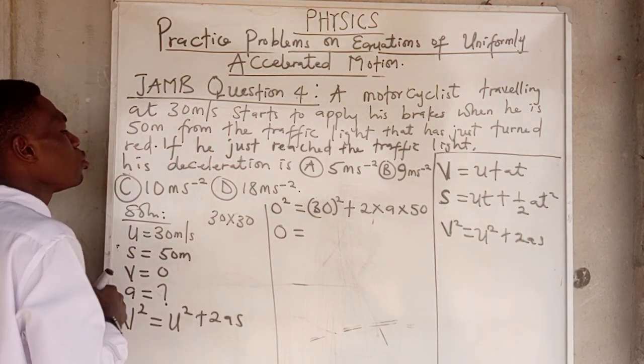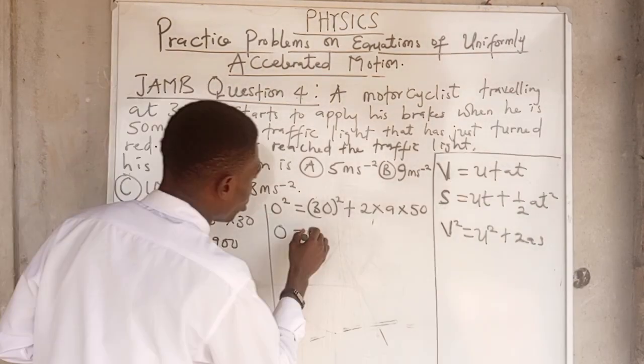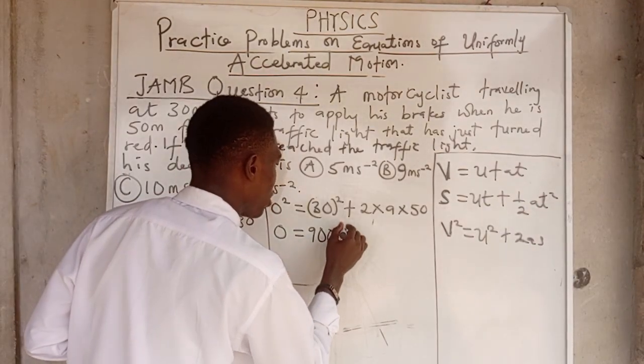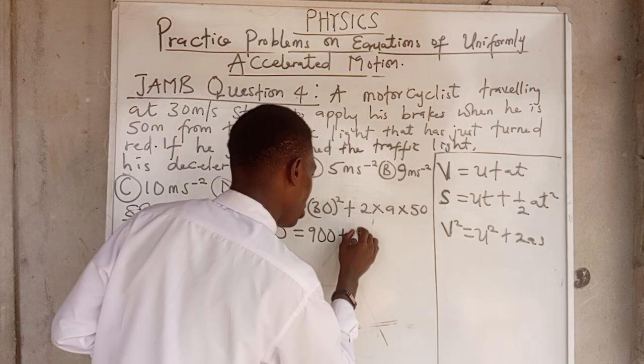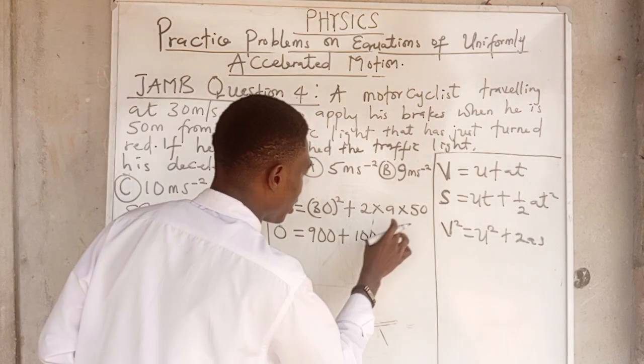Keep the two zeros and multiply 3 times 3, which is 9, then add the two zeros, so we have 900, plus 2 times 50 is 100, and 100 times a is 100a.